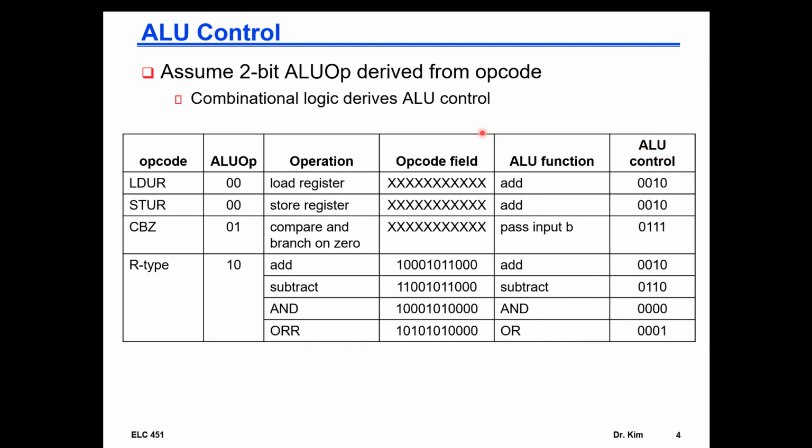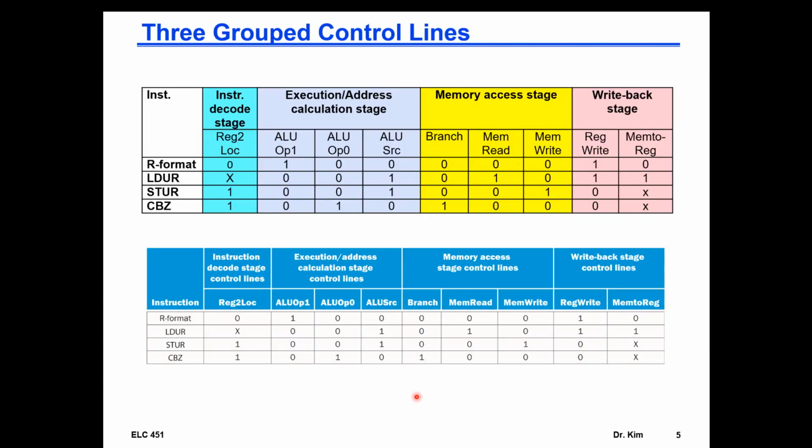And together we are going to be able to determine what the ALU function is, which is determined by these outputs. So these are the outputs of that logic, and the opcode field and the ALU op bits are the inputs. These bits depend on the group of instructions that we have, and this one depends on the actual instruction.